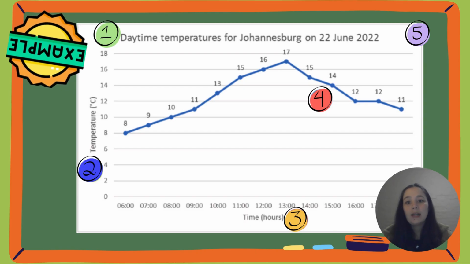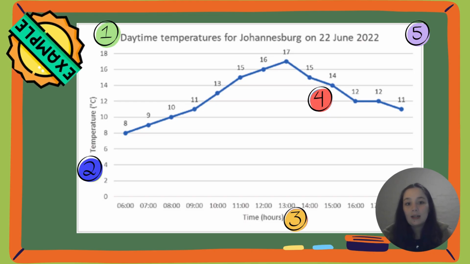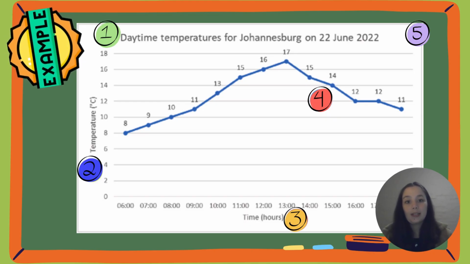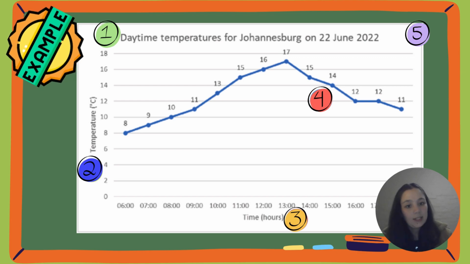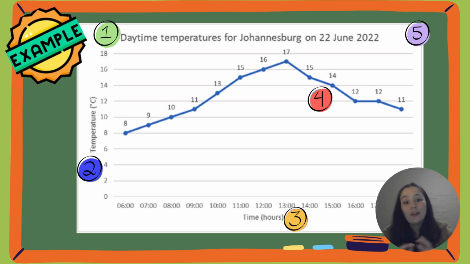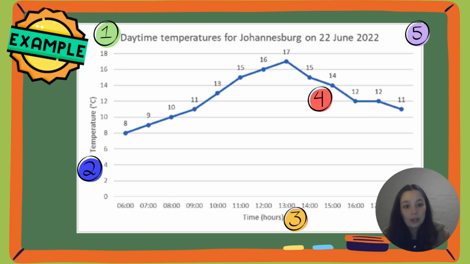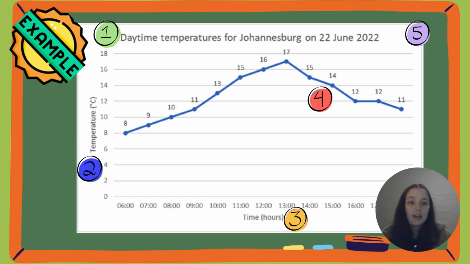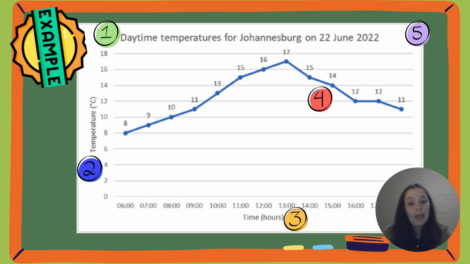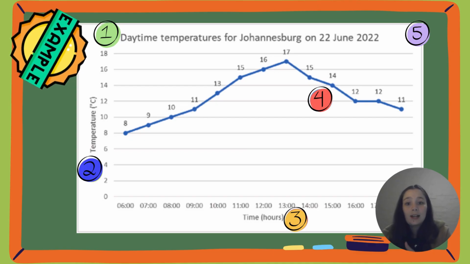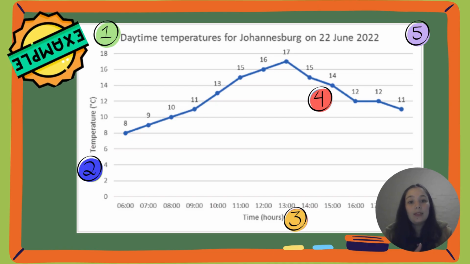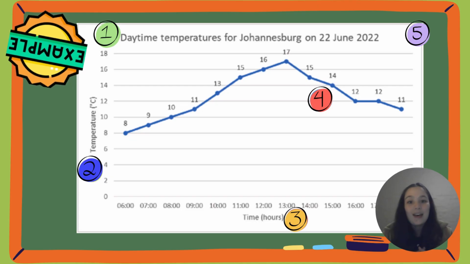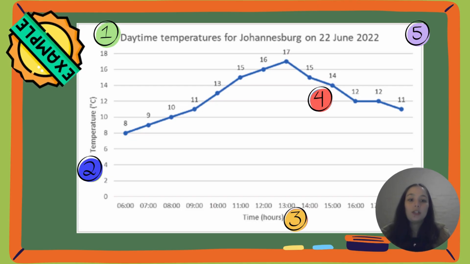And then what is your highest extreme, which would be in this case the number 17. Okay, and then the last point that we need to look at is the trends. On this graph, we can see that the temperature climbs over time, so it's increasing, and then later on, it starts to decrease.